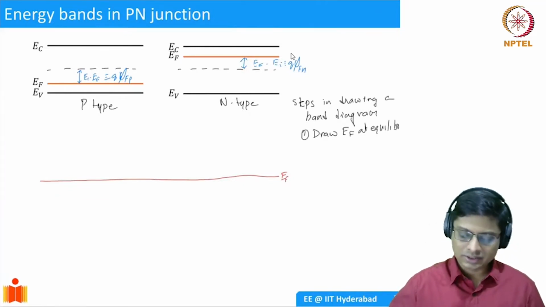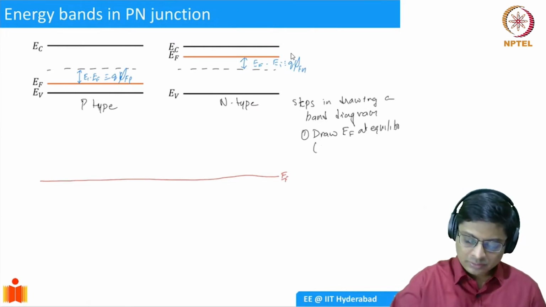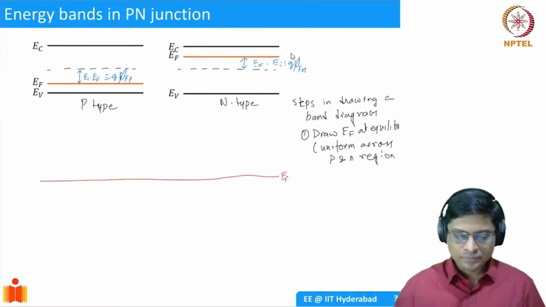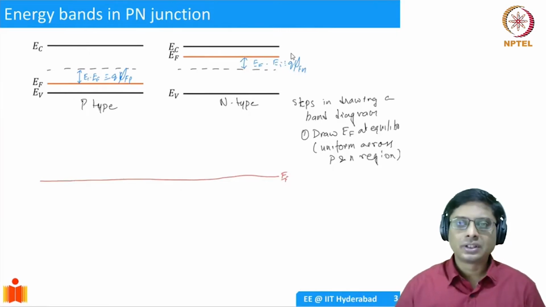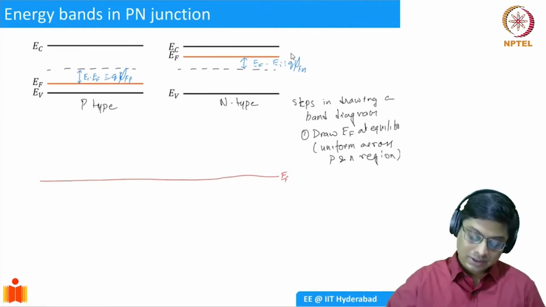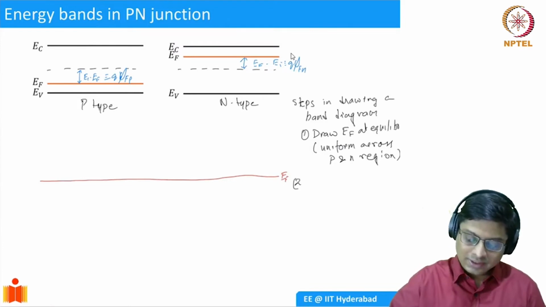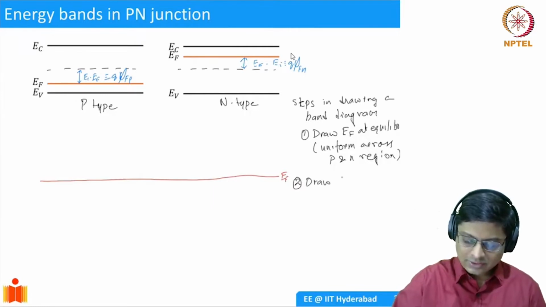We know that this is uniform across P and N regions at equilibrium, right? This is what it is. So we have done this. Then draw EC and EV in the quasi-neutral regions.